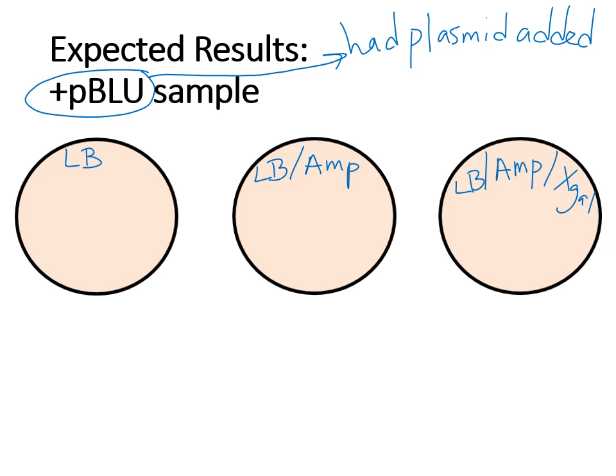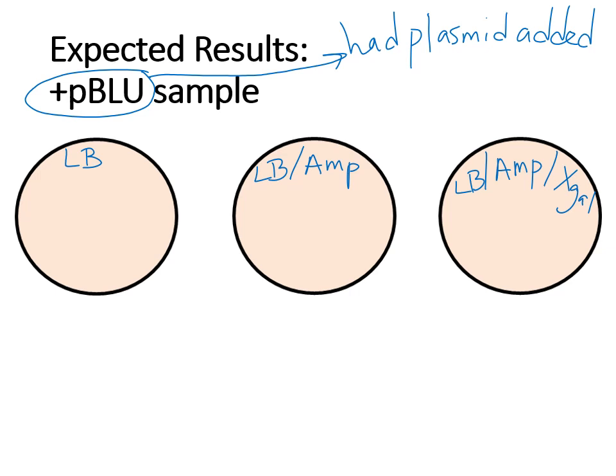You are expecting any and all growth on that first plate because that's your control plate to see whether or not the bacteria were truly viable. Viable meaning, did they survive everything that you did to them? Okay, were they good, healthy cells to begin with? That way you know that if you don't get growth on other plates, on the selective plates, was it the fault of the cells, or was it that they did not take in the plasmid?